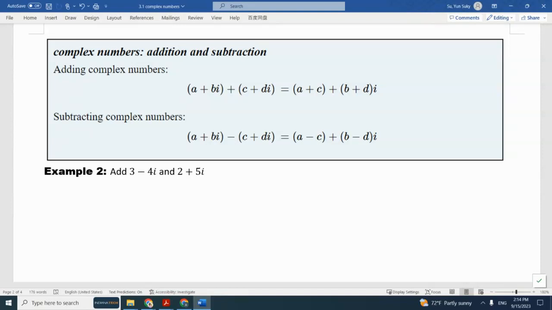Add the like terms. Yeah, of course. So here is the answer, and this is the one.